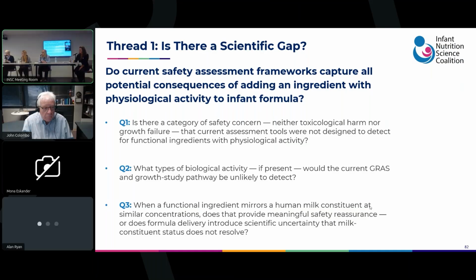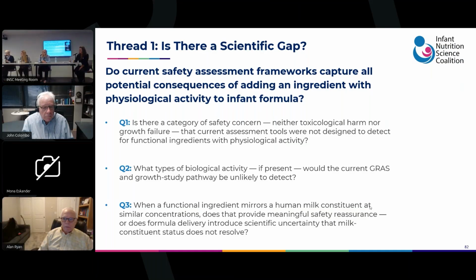I feel it's more of, not a fear, but a question mark, as we add these functional ingredients, we're not confident enough that there may be something happening biologically that we're not capturing in an animal model, but I haven't heard an example where we have identified a gap clinically that wasn't flagged preclinically. Am I wrong? I agree with you. It's more of just an underlying concern, but not a real example of where that's happened. Right.